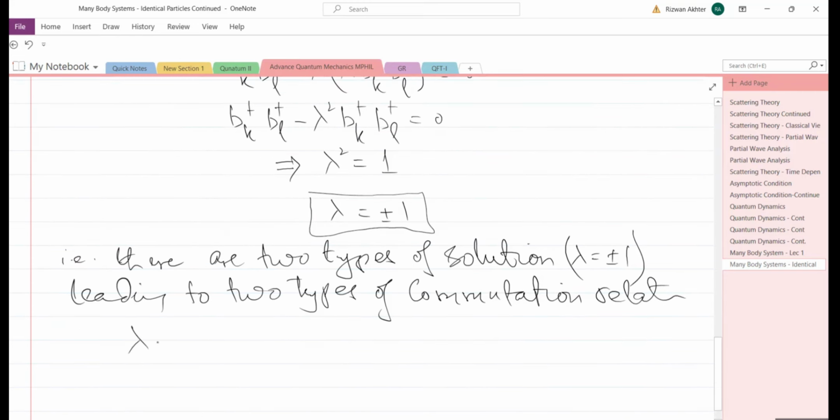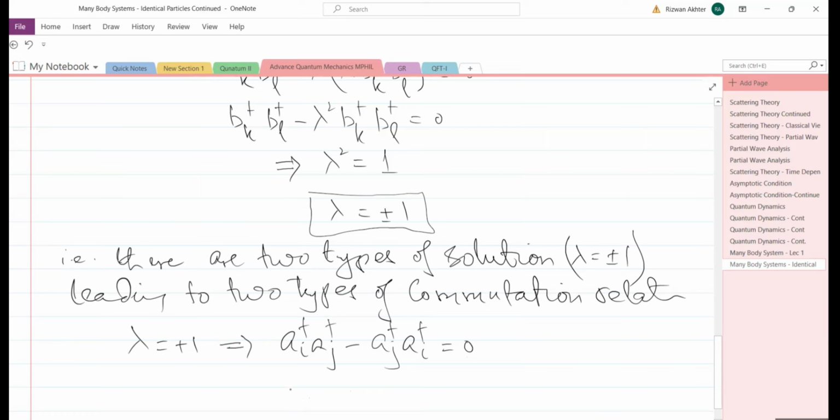So we could write for lambda is equals to plus 1, we would have a solution for AI dagger, AJ dagger minus AJ dagger, AI dagger, and this is equals to 0.